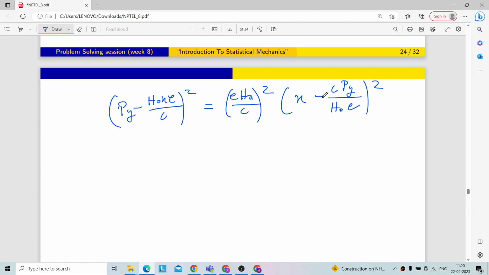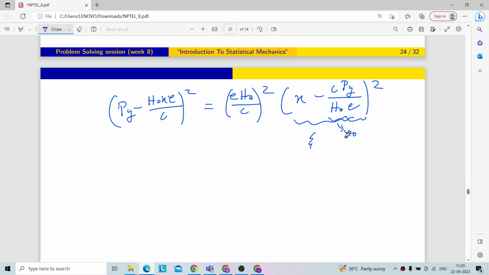Now I can take this variable as some other variable, some chi, and I can perform the similar operation to find out the eigenvalue or energy, right. Or I can take this as x0, then it will be a shift only in the x direction.